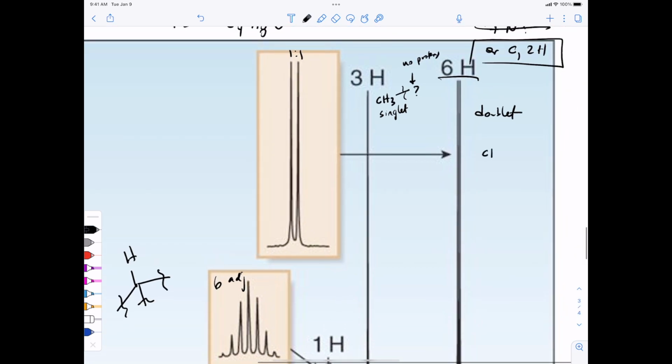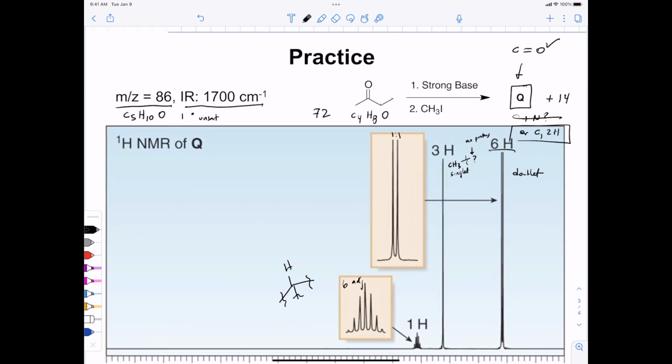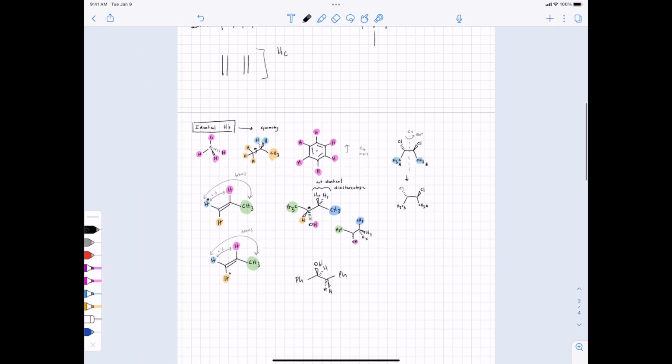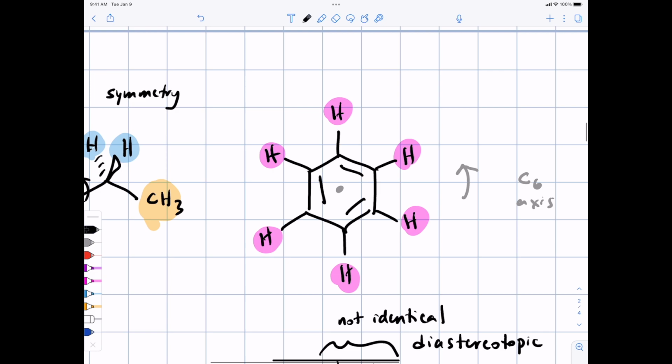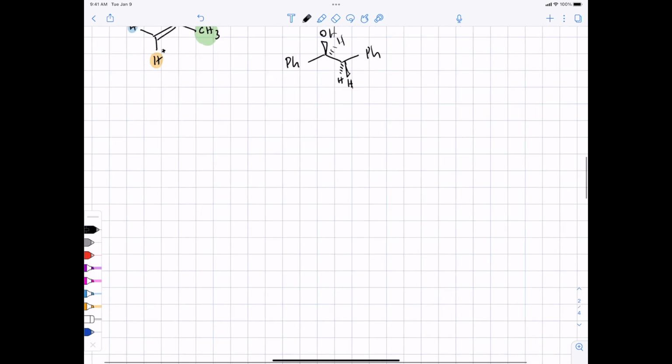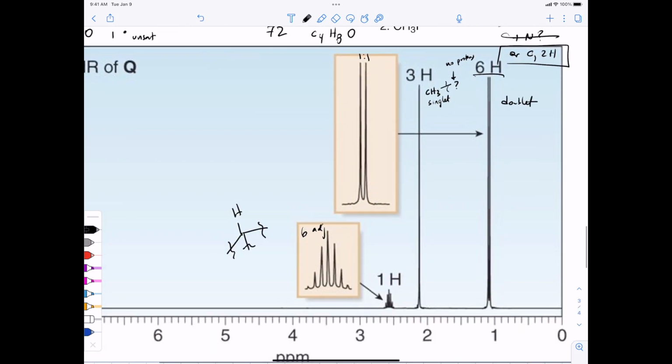How many methyl groups could 6 protons be? I can't think of any other way than 2 identical methyl groups to have 6 identical protons, except for perhaps benzene, which we know this isn't. So, all right, 2 identical adjacent methyl groups.